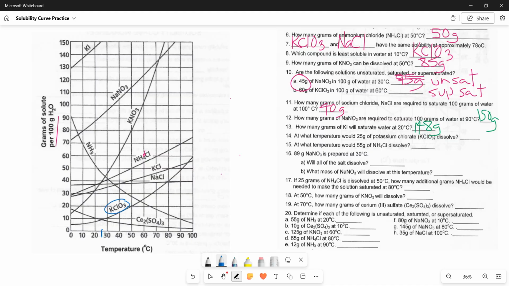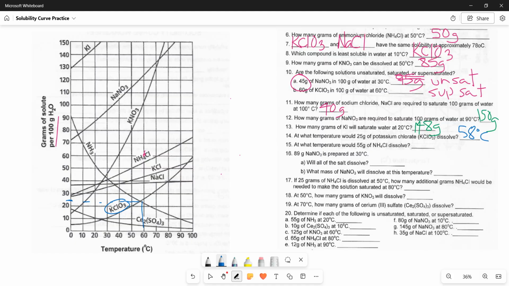We're at 25 degrees. We're going to come up here. It's actually intersecting there. And nope, we want temperature, not 25 degrees. We want 25 grams, which is going to be right here. We're going to come across till we hit this point. We're going to drop down. It's about 58 degrees Celsius.